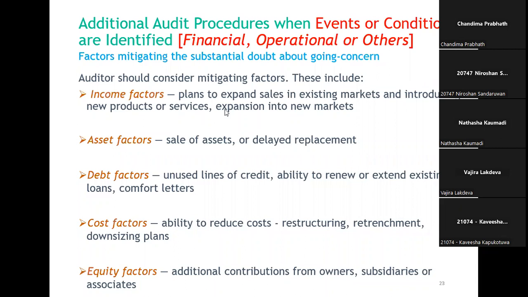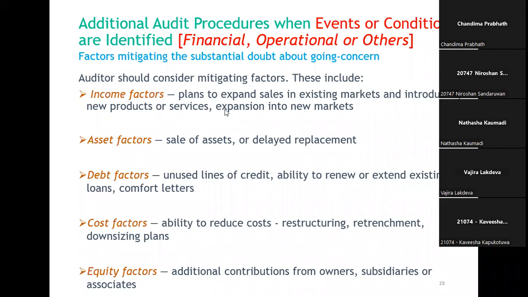Now, factors mitigating the substantial doubt about the going concern. Income factors: you saw plans to expand sales in existing markets, introducing new products or services, and expansion into new markets. Can you remember they stated that they are assessing the cargo operation. Then asset factors: sale of assets or delayed replacement. Debt factors: unused lines of credit, ability to renew or extend existing loans, or comfort letters.